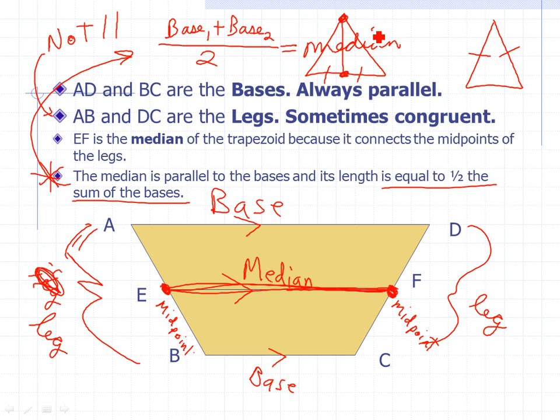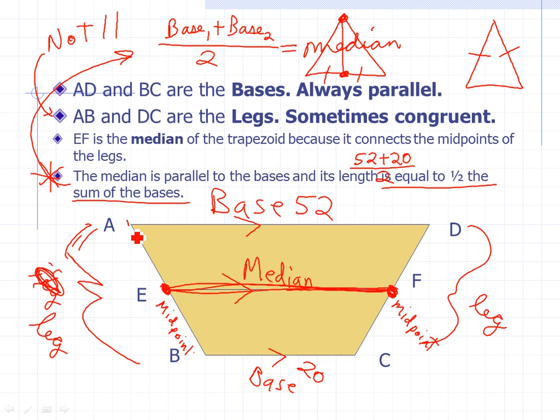So if I told you this base was 52, this base was 20, you should be able to find the length of that median. You just add those two, 52 plus 20, and then divide that answer by 2, and it's going to give you how long that median is.